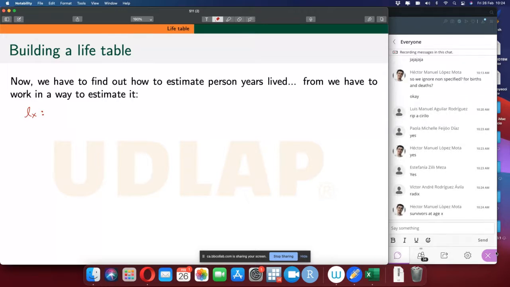Now, wait a minute. No, radix was at age 0. As actually saying, these are survivors at age X, that they come from a radix, from L0, that this was our radix. So we were close. Then we had QX, and what was that?